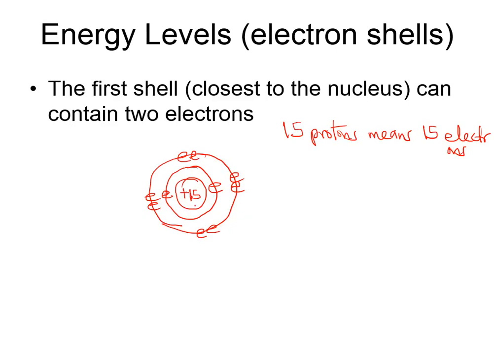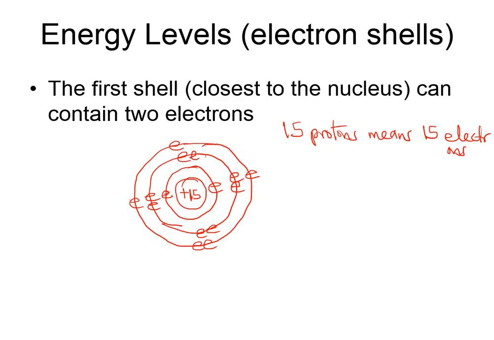From 15, I am remaining with 5 electrons. So these 5 electrons, I'll put them outside here. That's how electrons are divided inside an atom.